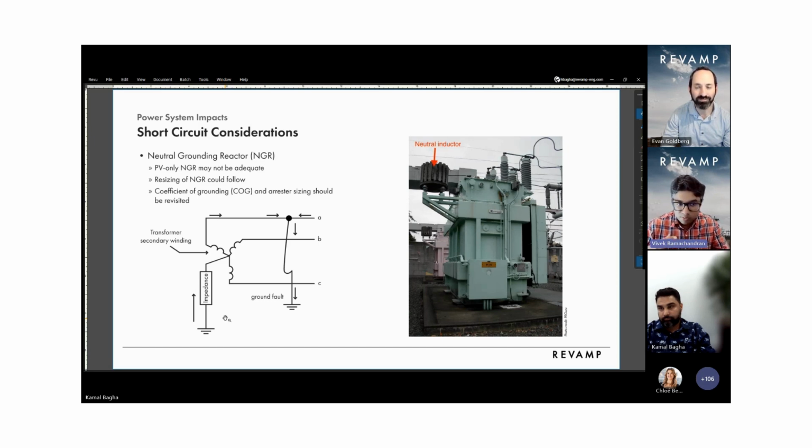And there is a possibility that the amount of limitation that the NGR is providing to the ground fault currents does not sufficiently protect the BESS system, right? So this may incur a change or an update to the size of the NGR. And in doing so, there is a requirement to revisit the coefficient of grounding as well as the arrestor sizing for the plant.